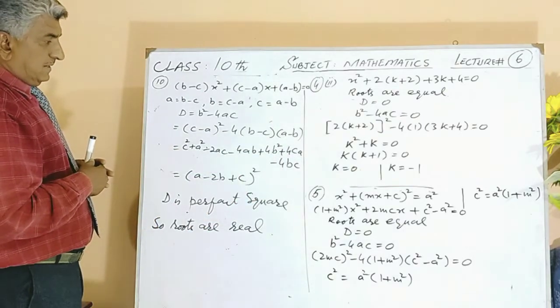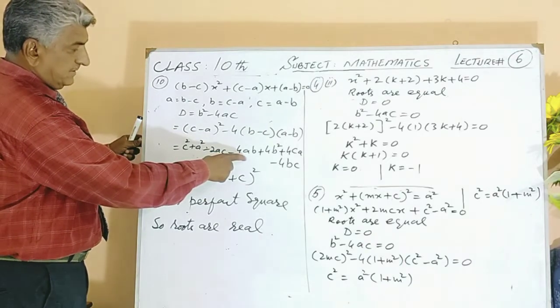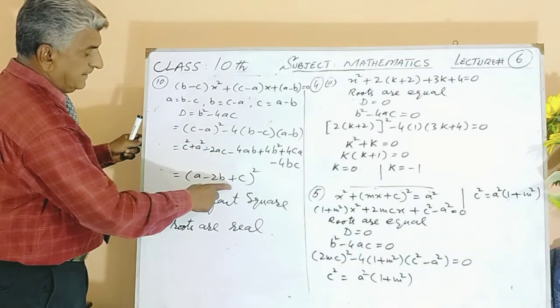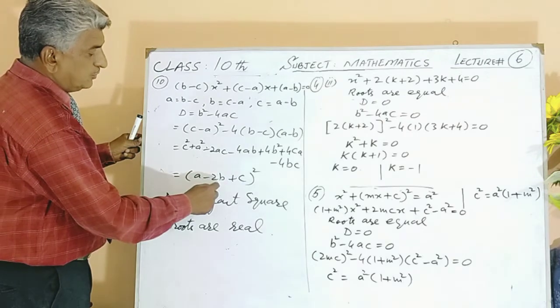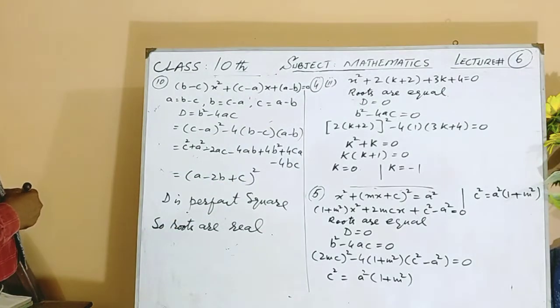Now the result of this part is (a minus 2b plus c) square. How is this the result?